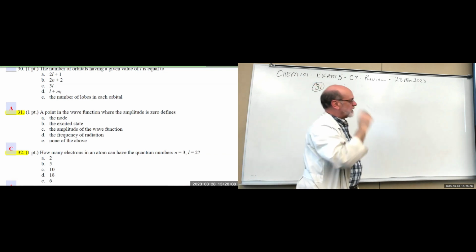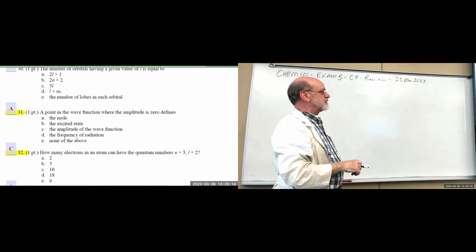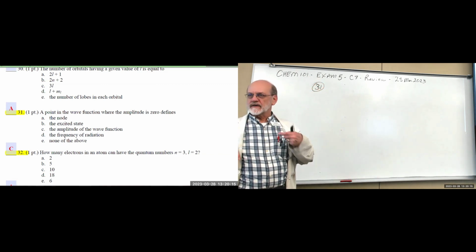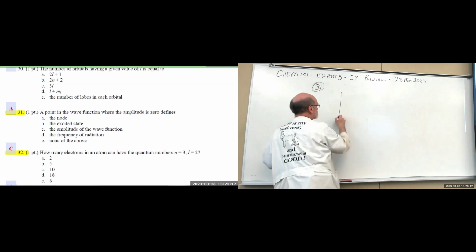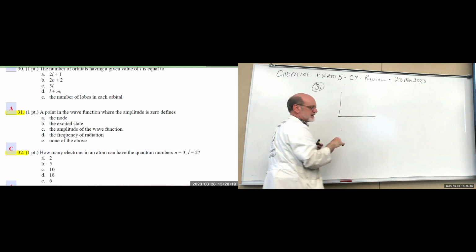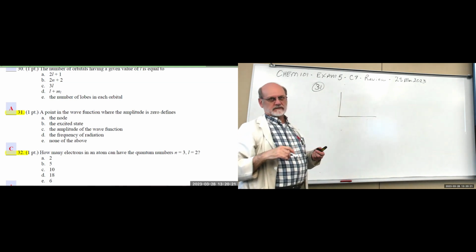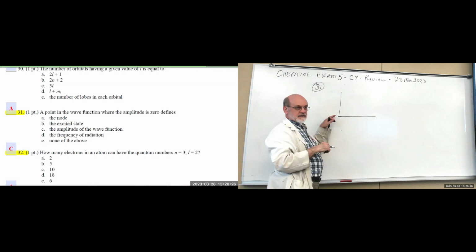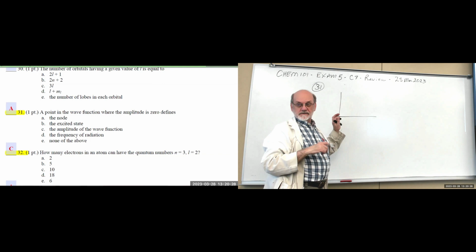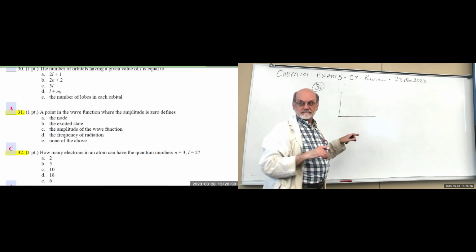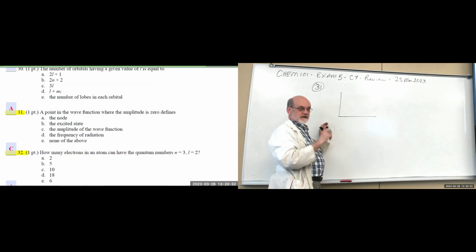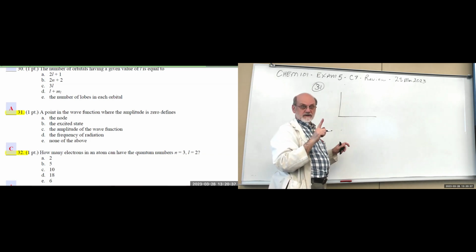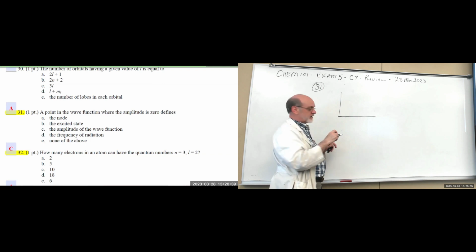31. A point in the wave function where the amplitude is 0 defines what? Remember when we were drawing the representations for, say, the s orbital. For the 1s, you have no 0 probabilities in it. For the 2s, you have one place where there's no probability of finding electrons. It's called a node.